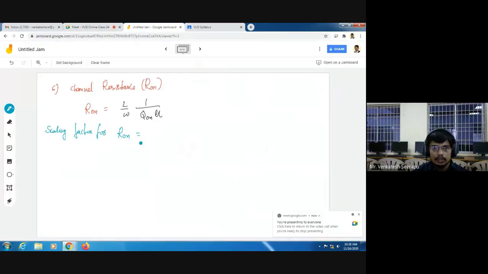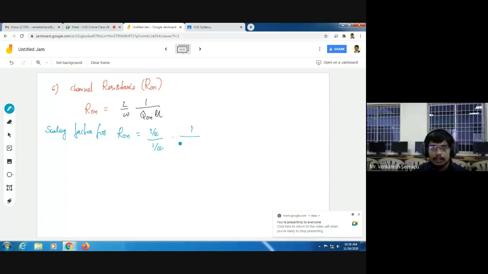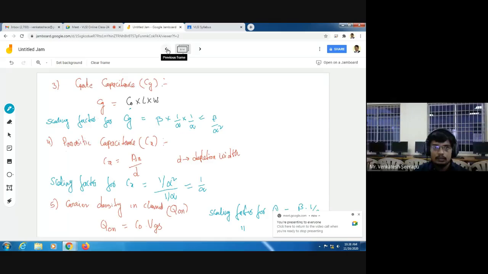Yes, 1 by alpha. What is the scaling factor for W? 1 by alpha, sir. What is the scaling factor for Q on? We calculated it already. Yes, Q on is having a scaling factor 1.